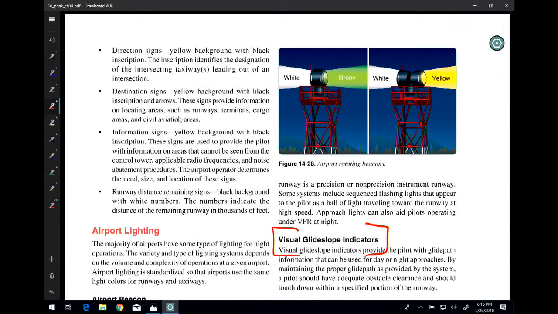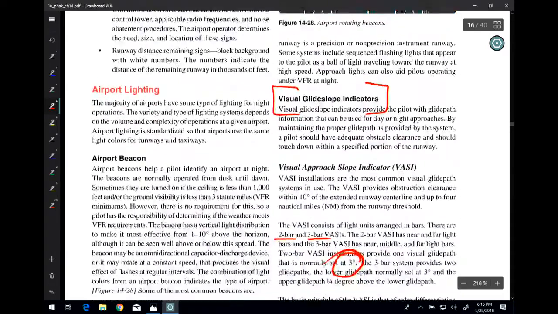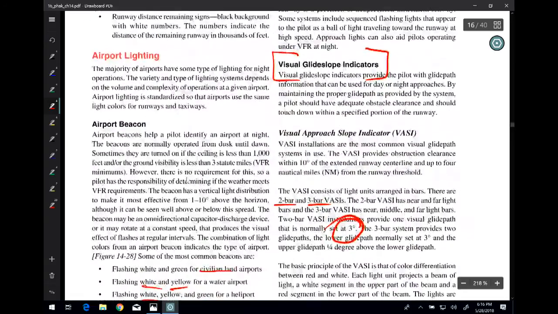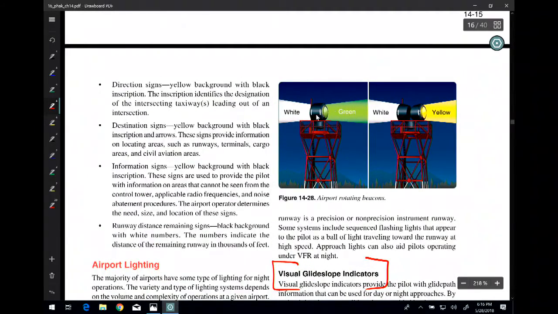So an airport beacon is this rotating beacon that will be at an airfield. So if we look at this and we think, okay, what color are they? Well, if you look here at airport beacons, you can see that for civilian land airports, they're going to be white and green. What that means is that this rotates.